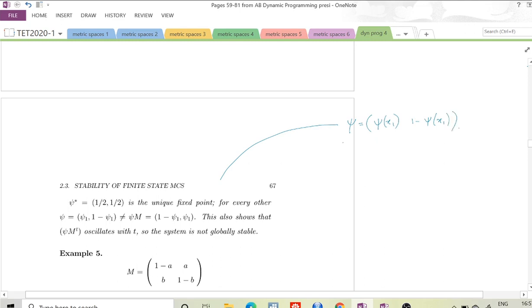So then what is Ct at t equals 1? That's going to be C times M. So that's C of x1, 1 minus C of x1, times 0 1 1 0, right? So that's going to be 1 minus C of x1, and then C of x1.